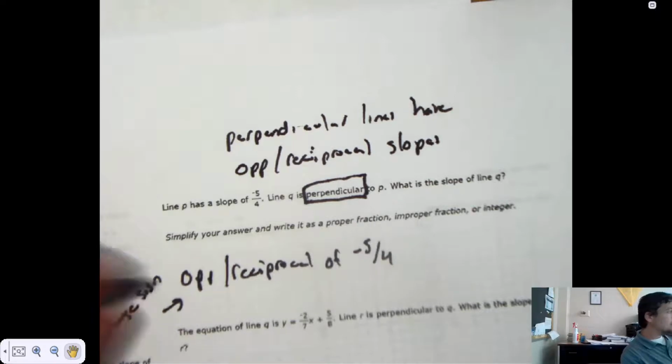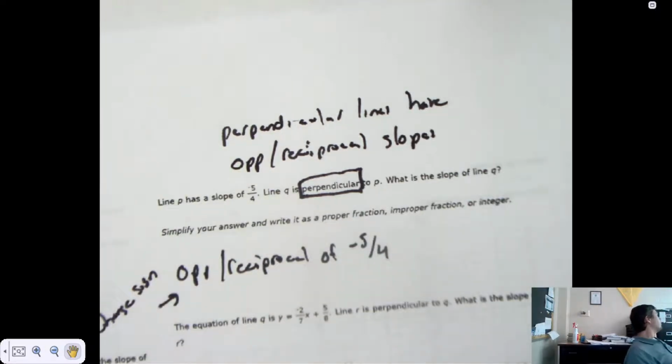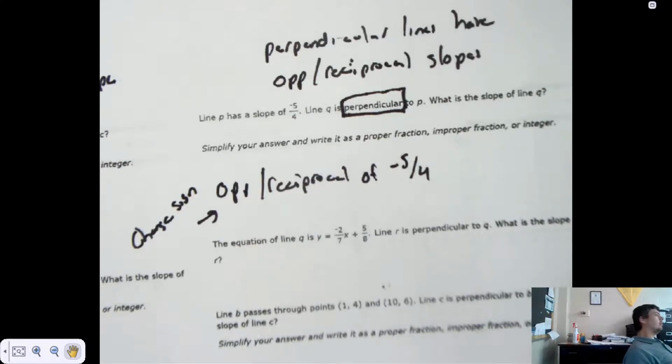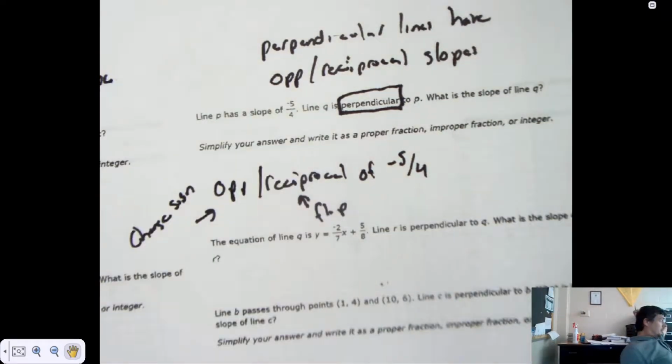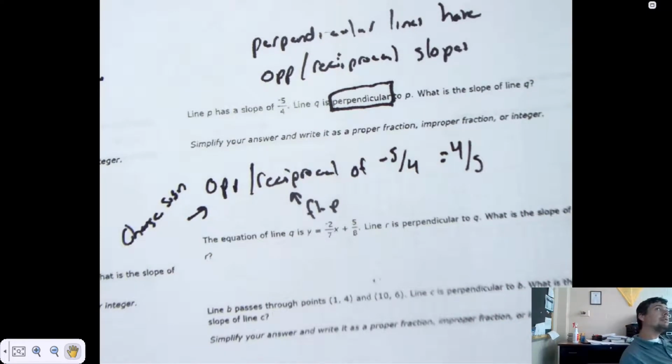That's all opposite means. Change sign. You know, if you go in the opposite direction, it's backwards, it's negative, whatever. Reciprocal, as far as a student would be concerned, means to do what? Flip. That's all it means you do. So, Leah, what's our opposite reciprocal slope? 4/5. That's what you'd put in a little box.